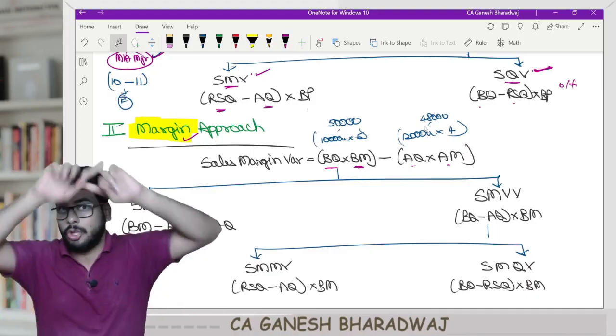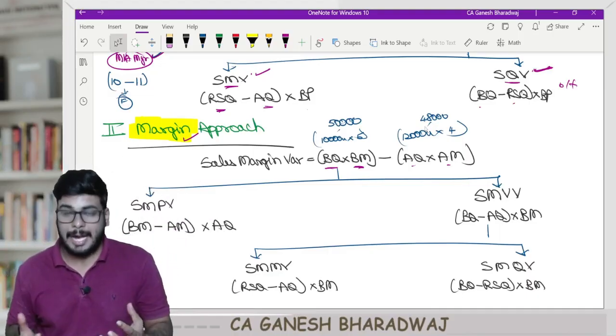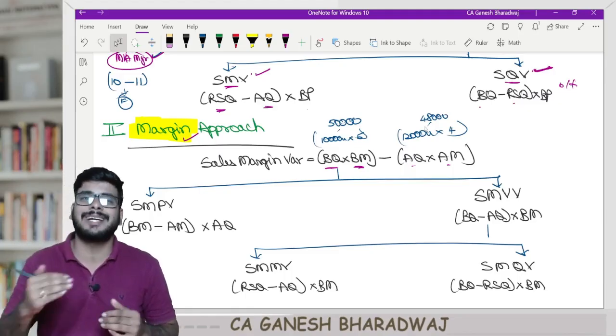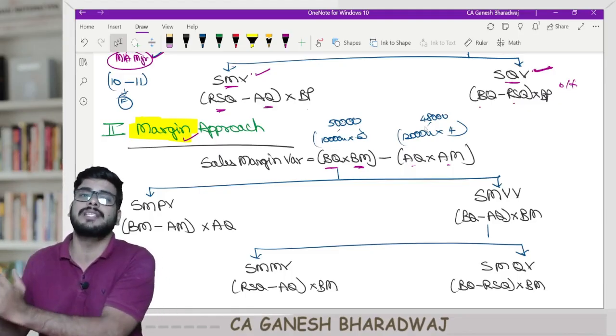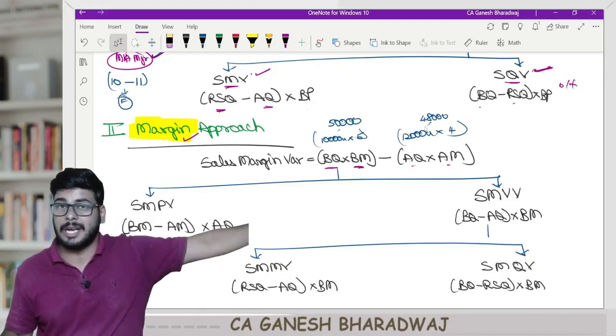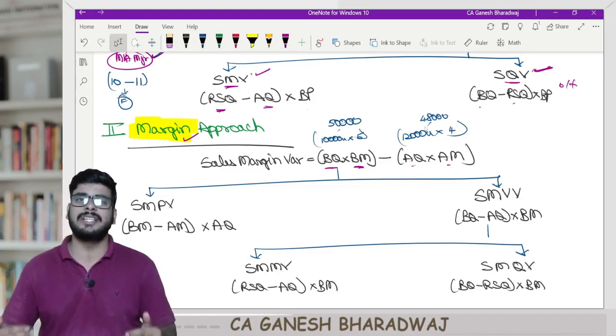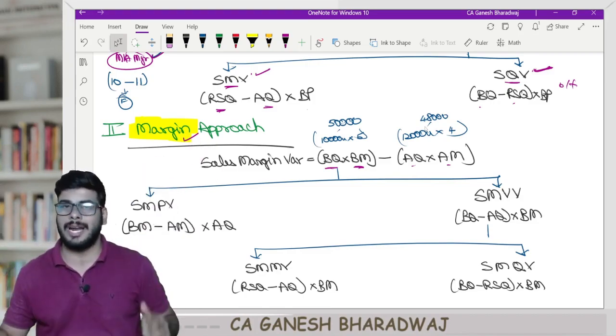Are you clear? This is not the overall profit variance. We are here capturing the difference in profit arising purely on account of the sales side. Here, the cost side variances are not even considered. That is what has been done here. So sales variances alone can be done under total and margin approach.